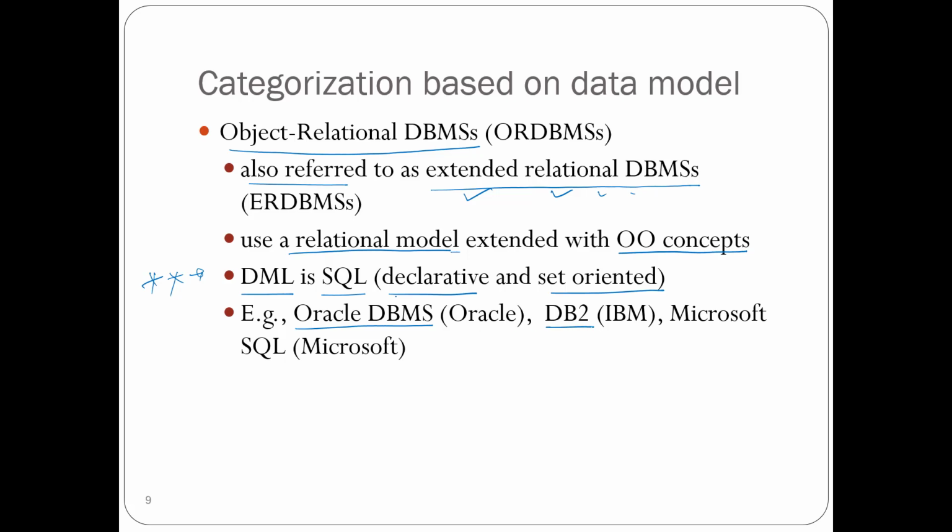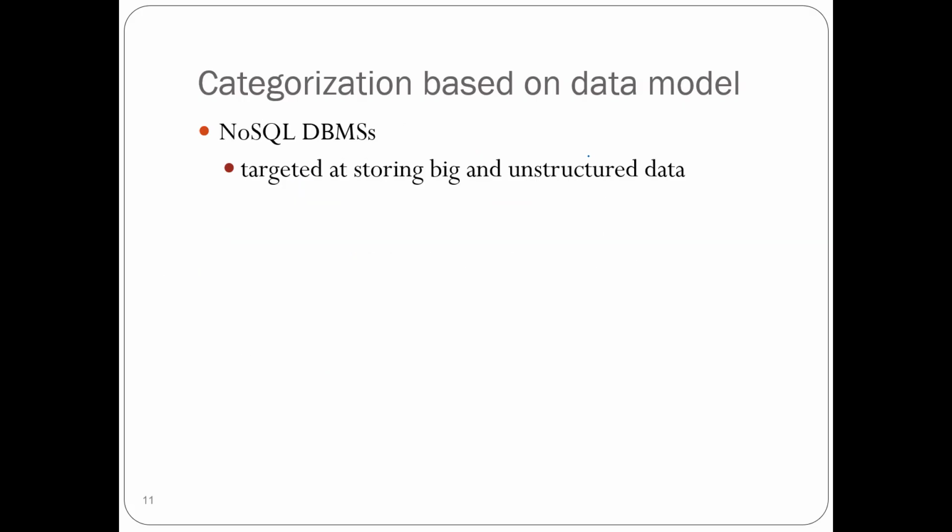Similarly, DB2, by IBM, also has object-oriented concept support. Similarly, Microsoft SQL Server also provides object-oriented support. So Oracle, DB2, and SQL Server are the extended relational DBMS or object relational DBMS.